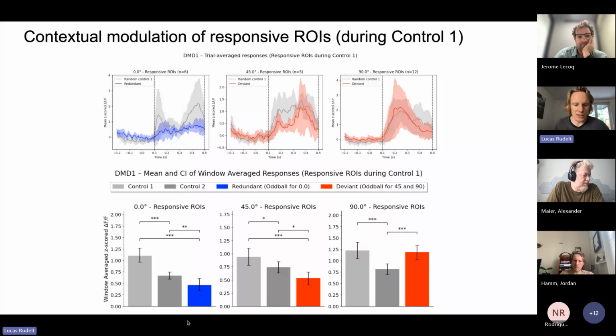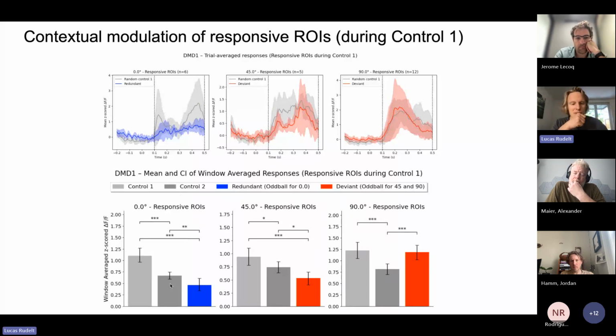And yeah, we just see a strong effect of depression, which makes sense, right? If you want to depress something, it should be active in the beginning. But what's interesting is that we see also strong depression from the first to the second control condition.